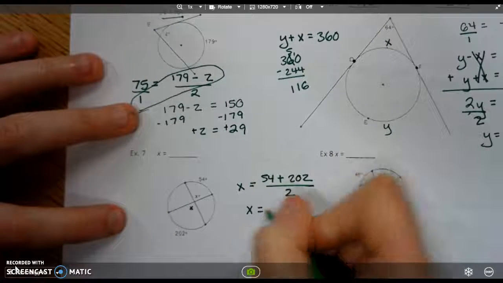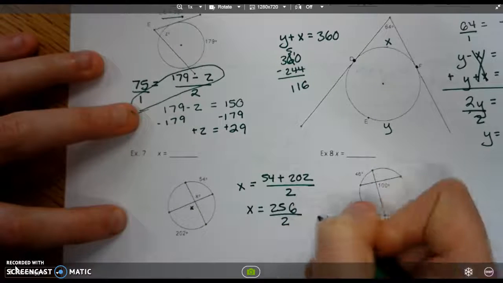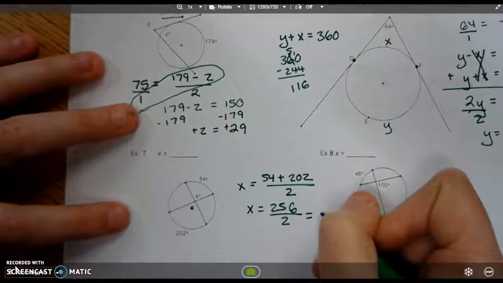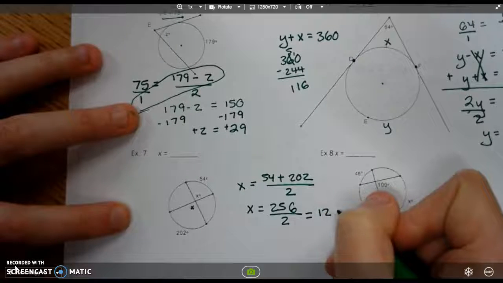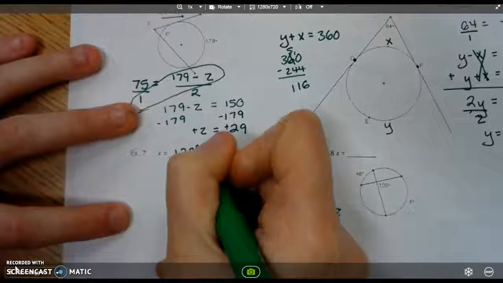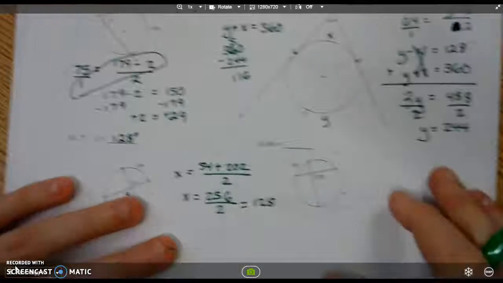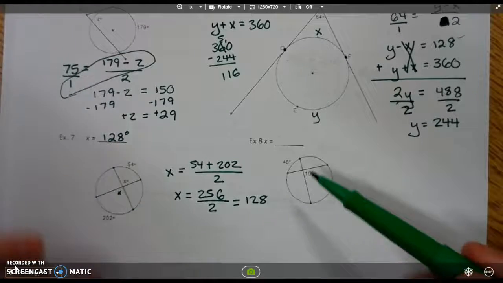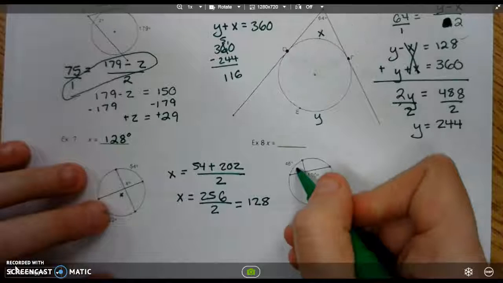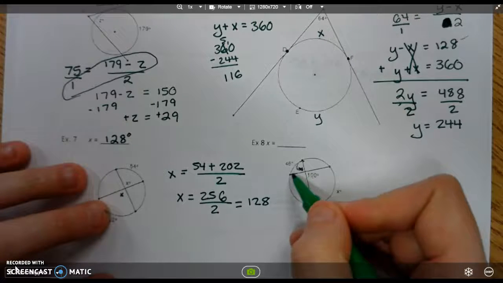So x is equal to 256 divided by 2, which is going to be 128. On the other side, I've got 100 here, which means there's 100 here, so I need the arcs that these open up to.